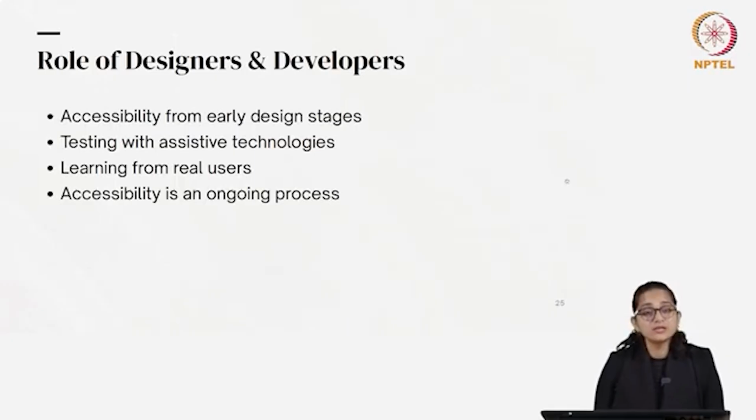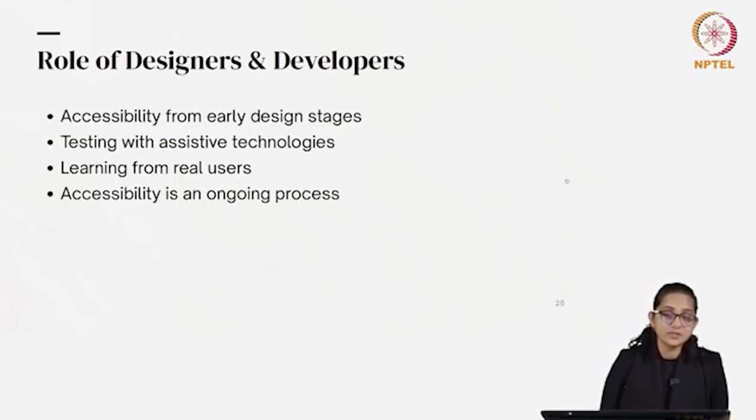When you are developing any product, be it an application or a website, any digital product, you have to keep testing it with a variety of users, and test with assistive technologies like screen readers, test on various platforms and various kinds of devices to understand low resource settings as well.